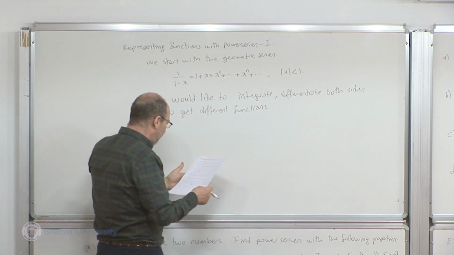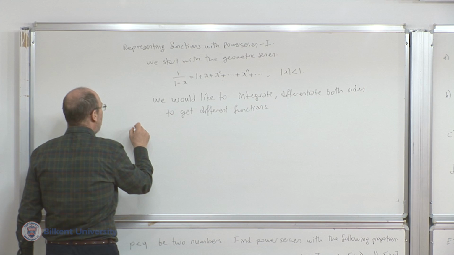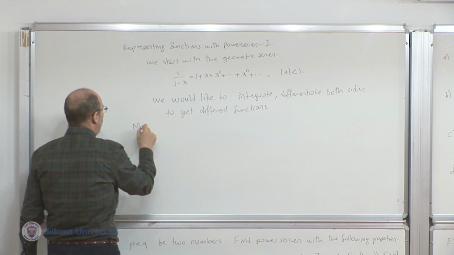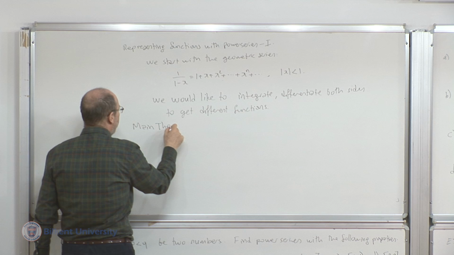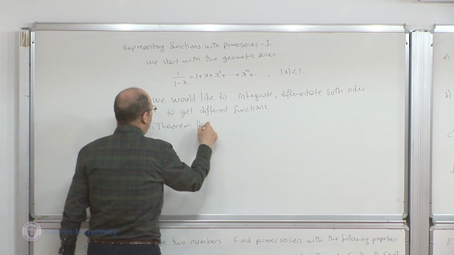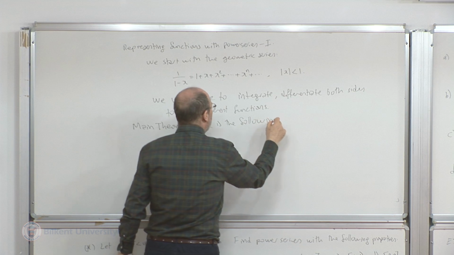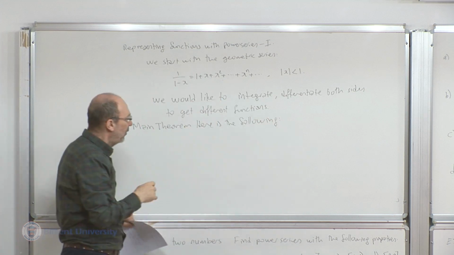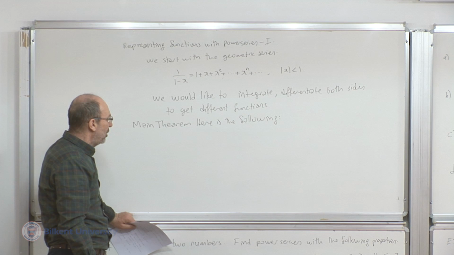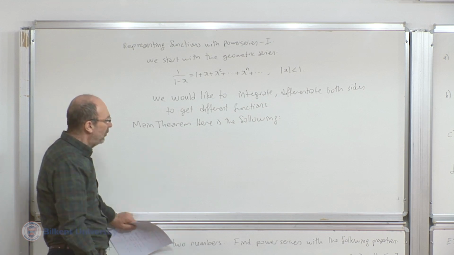So the main theorem here is the following. I will not prove this theorem. I will not even mention the general idea of it because it is a little bit long. You have to control the tail.